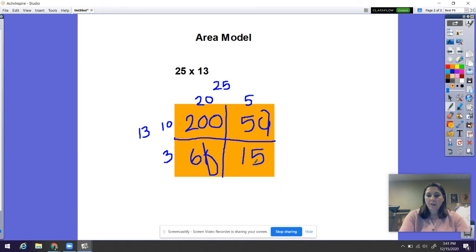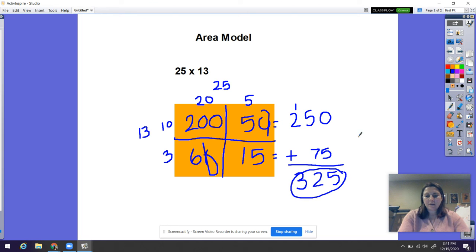Then I can take all of my partial products here and I can add them together. So 200 plus 50 is 250. 60 plus 15 is 75. And then I can add these together, and I get my total answer.